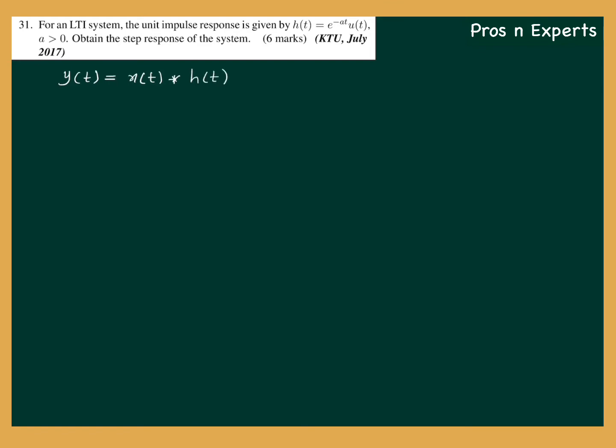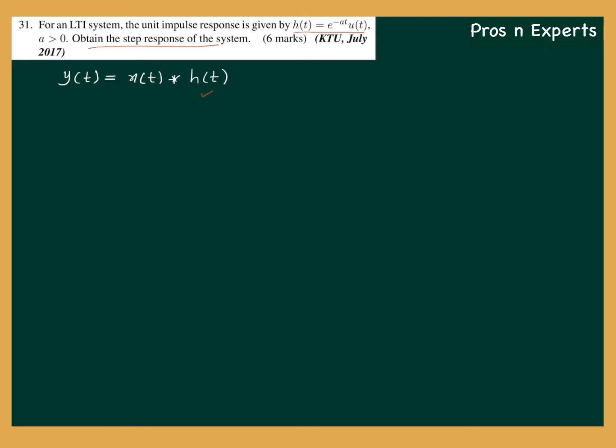So here in this question, impulse response is given, but where is the input? The input is not given, but there is a hint: obtain the step response of the system. What do you mean by step response? For beginners, step response is nothing but the response or output of a system to step input.